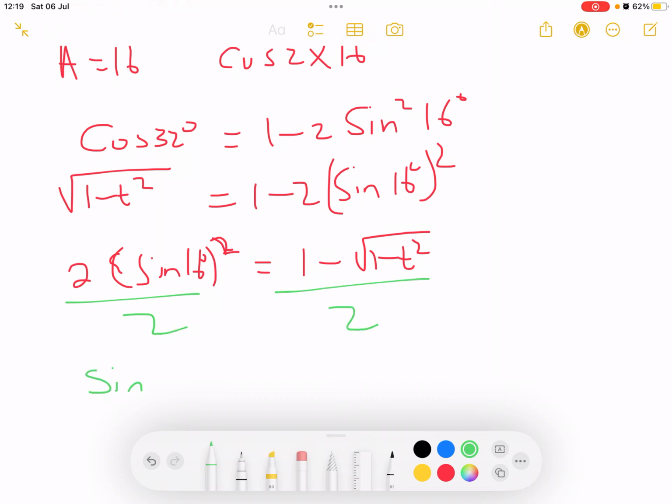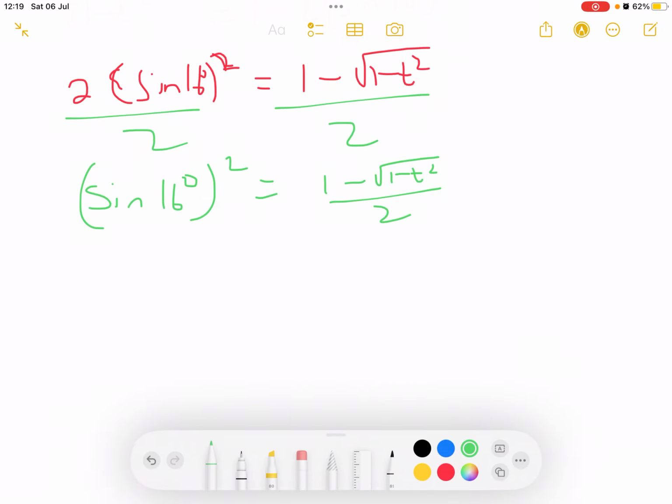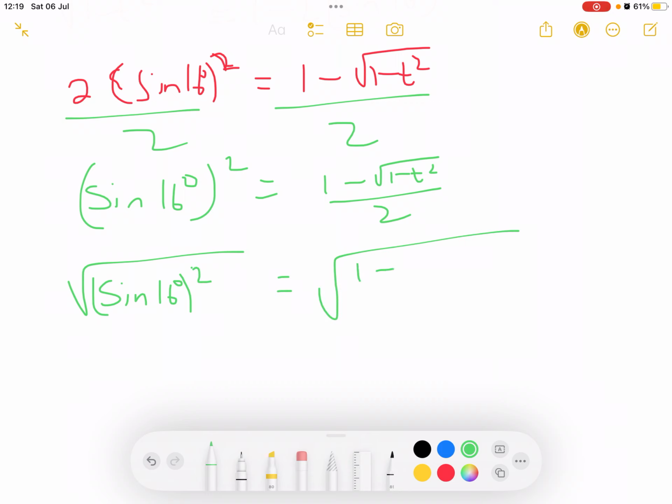Then sine of 16 all squared is equal to 1 minus square root of 1 minus t squared all over 2, which means now we can perform the square root, which is square root of sin 16 degrees all squared, and then the square root on this side, 1 minus square root of 1 minus t squared all over 2.